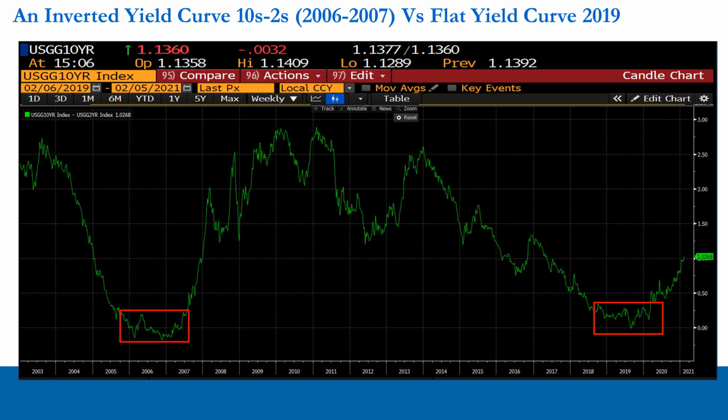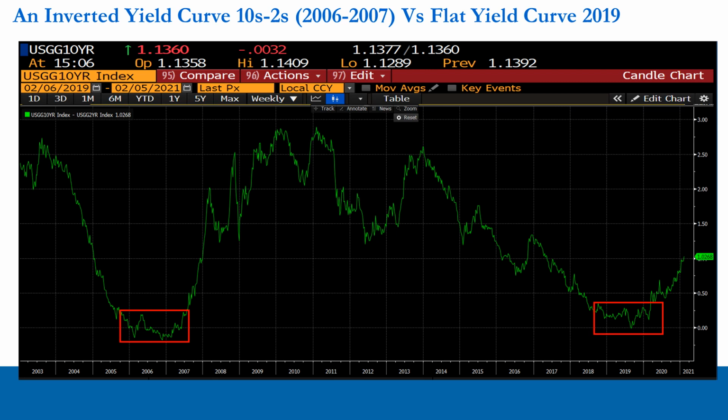But for most of 2006 and a good portion of 2007, the 10s minus 2s was actually negative. The spread was negative, below the zero bound, indicating that the market is expecting significant contraction in the US economy. And then, of course, what did we get? Following that, in the second half of 2007 and all of 2008, we had economic recession and financial markets collapse. We had a liquidity crisis.